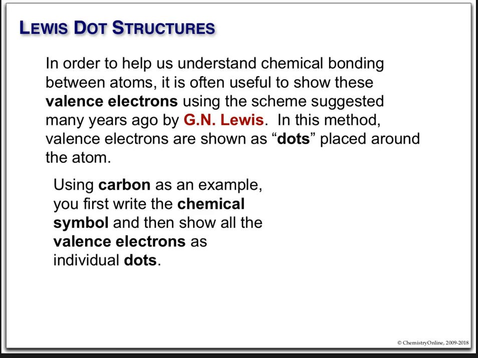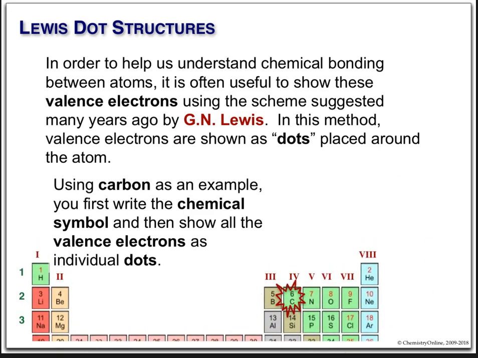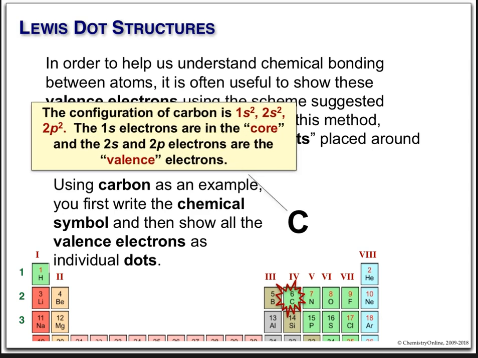So let's look at carbon. Again, carbon, our symbol is C. Carbon has, in the second period, 2 s electrons and 2 p electrons. Those are going to be our valence electrons.